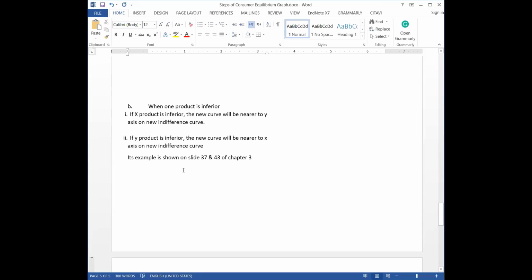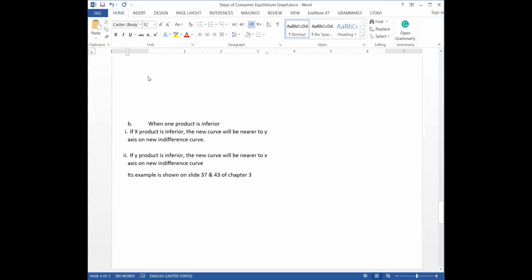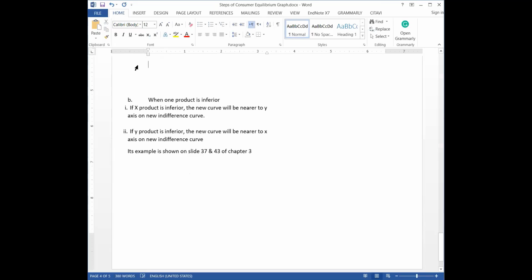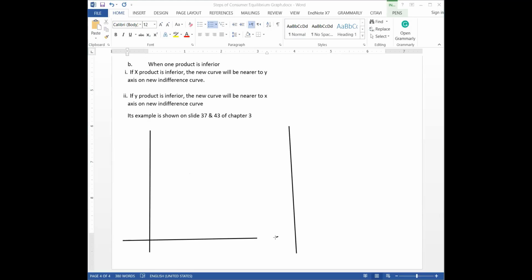So let me move it to the top of the page. If one of them is inferior, let me draw the case. So this is the y-axis, and this is the x-axis. So this is X, Y. Now I'll draw the indifference curve first.